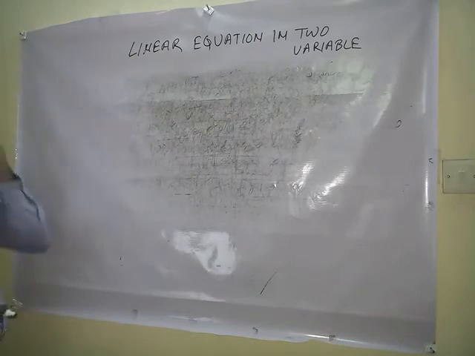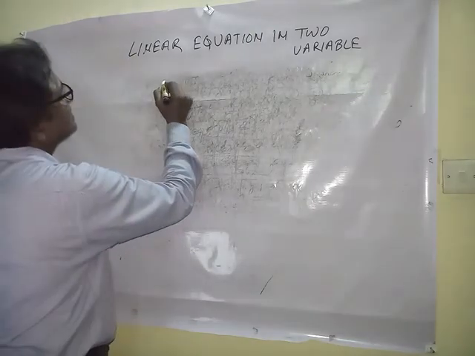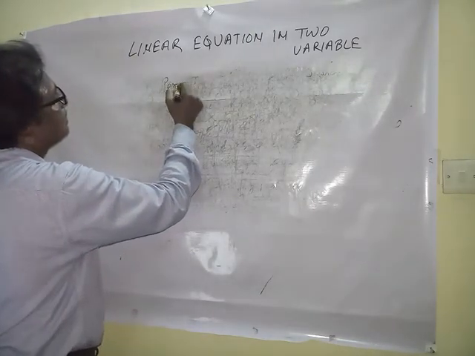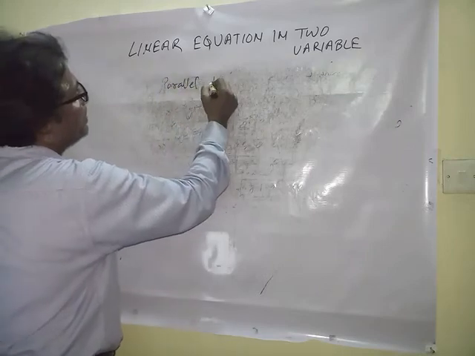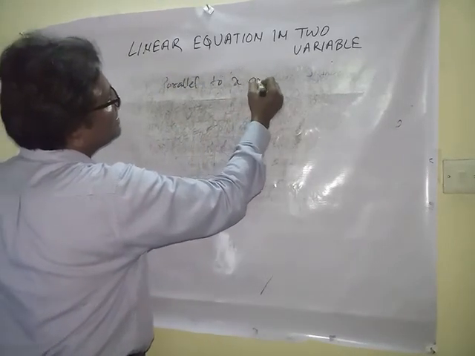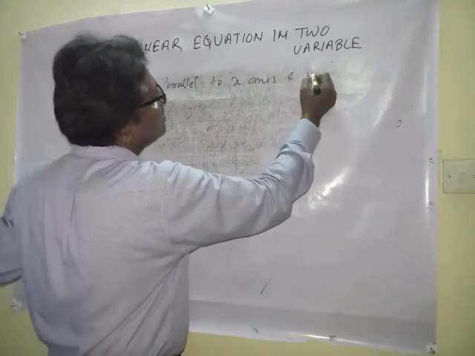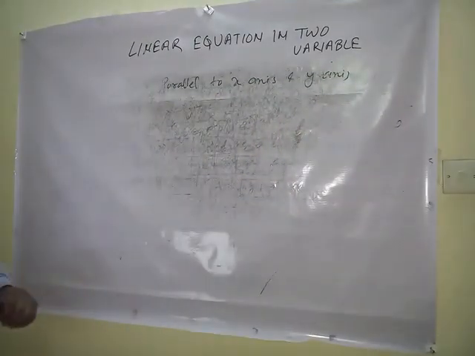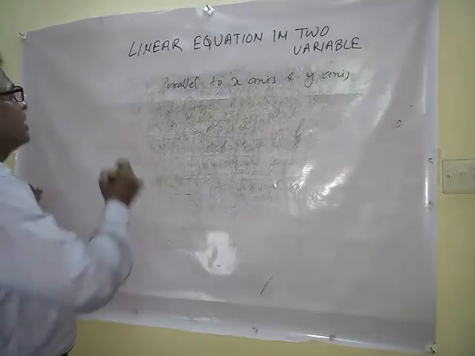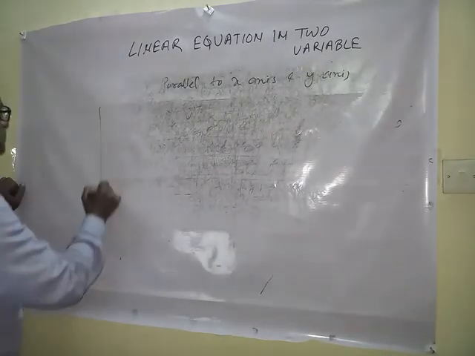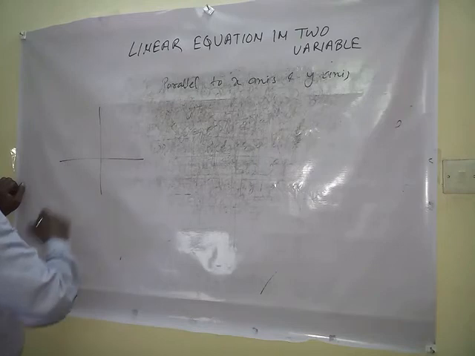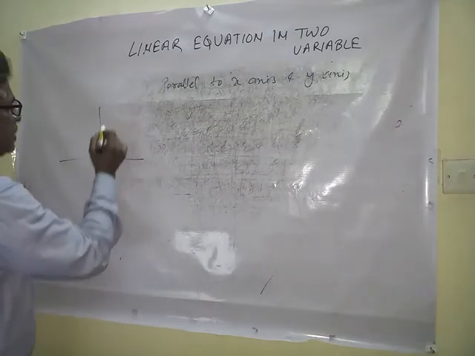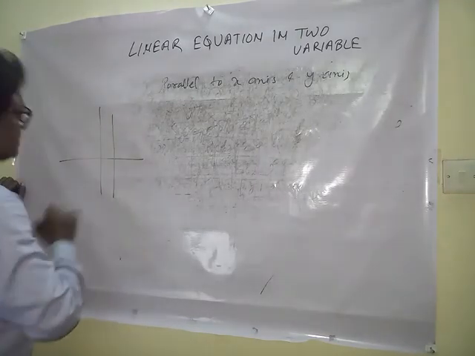Equation of the line parallel to the x-axis and y-axis. What is a parallel line? This is a graph. Parallel to the y-axis is this.